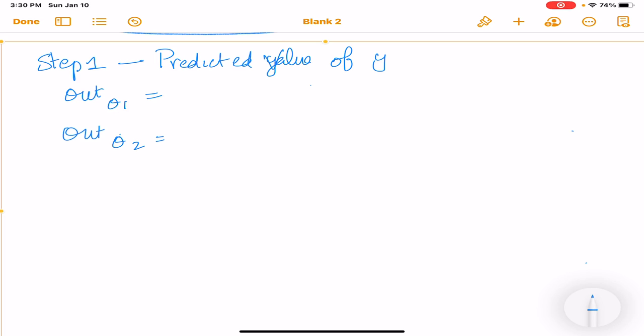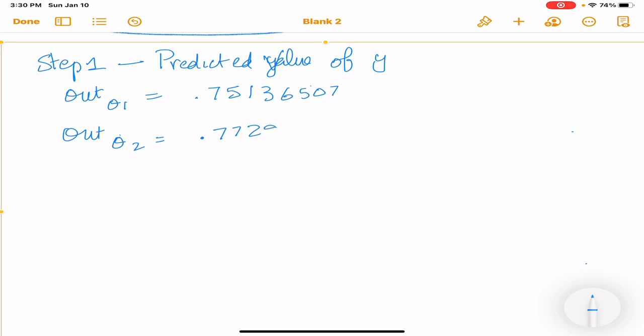Out O1, which we have calculated, is 0.75136507, and out O2 is 0.772928465. So we have calculated in step 1 the predicted value of y, based on the random weights we initialized for our network.